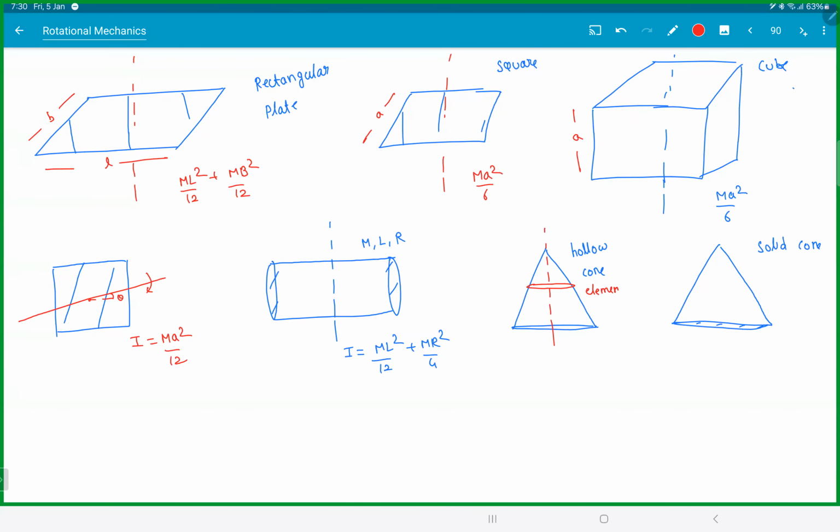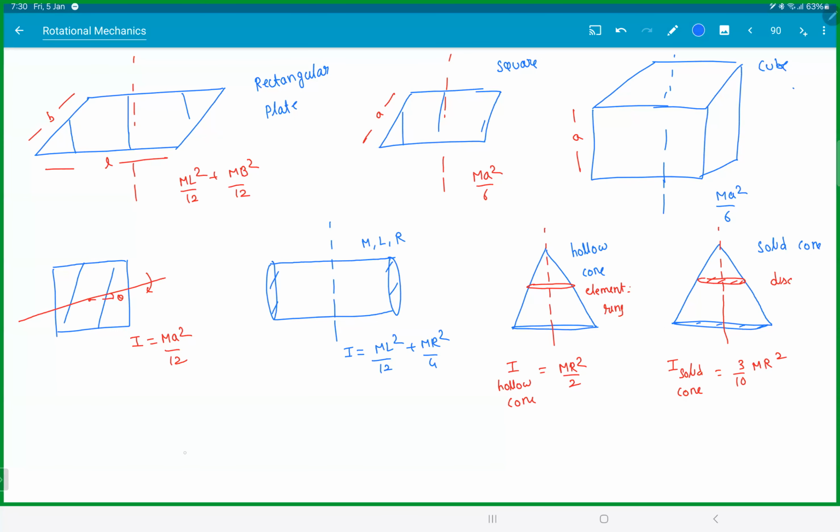You can take an element and integrate. Interestingly, the result will be pretty good, mr square by 2. This is the height of a hollow cone. So here the element will be a disk. Height of a solid cone, 3 by 10 mr square. These are a little non-standard, but they can be asked. You can derive them by taking elements.